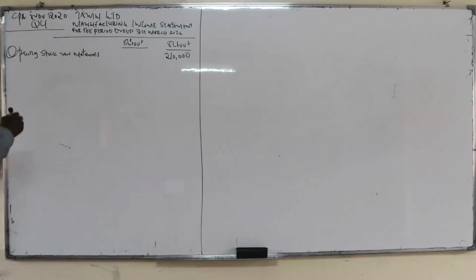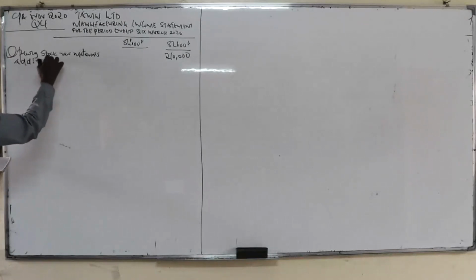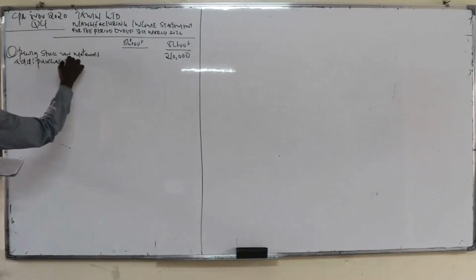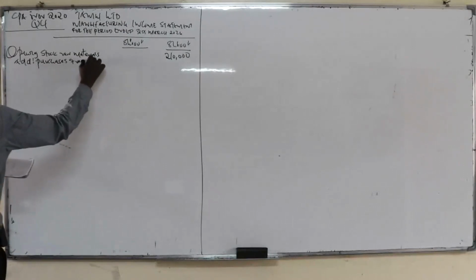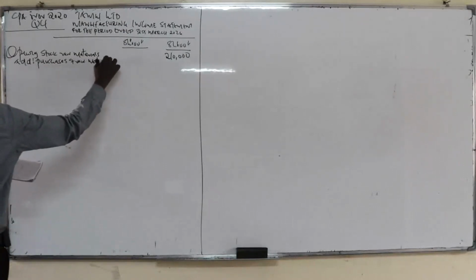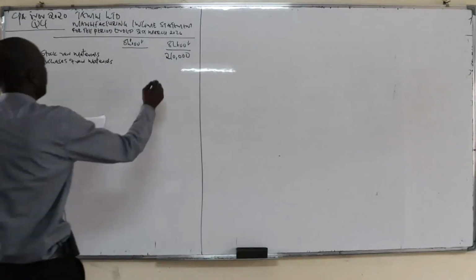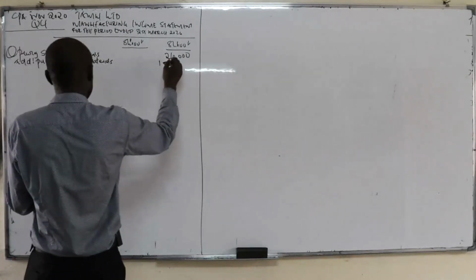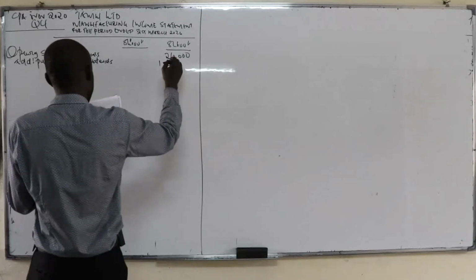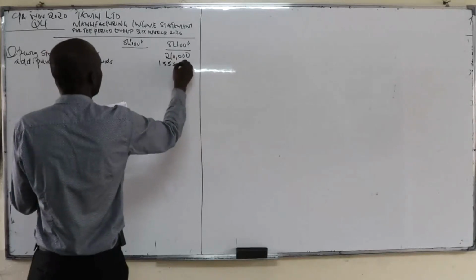And then you add purchases of raw materials. Can everybody see the purchases of raw materials? 55,800, isn't it?